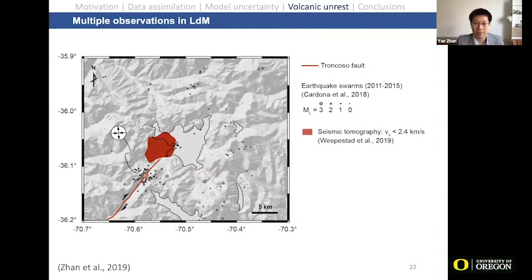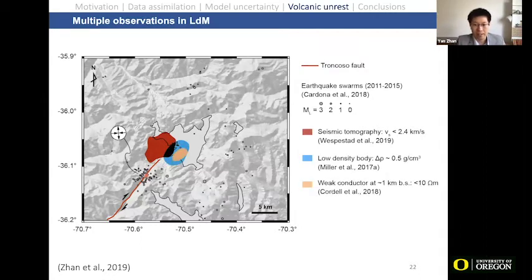We also have the seismic tomography, gravity, and magnetotelluric data, which give us some hint of this magma reservoir with the weak, low density, maybe highly conductive body there. And besides, we also have a microgravity change during this period of time, indicating there might be some mass migration during the unrest.